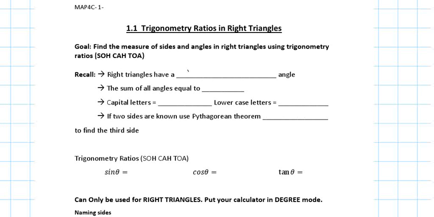A right angle, which is 90 degrees. What did we say that the sum of all angles inside a triangle equals? 180.